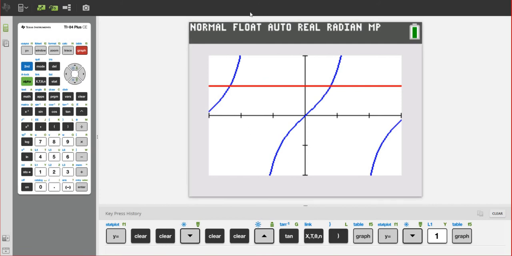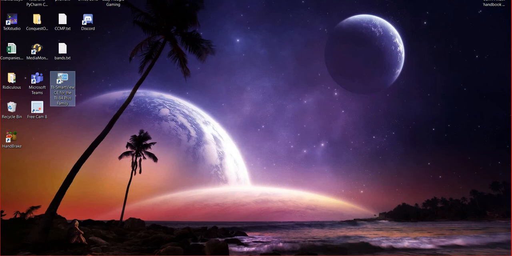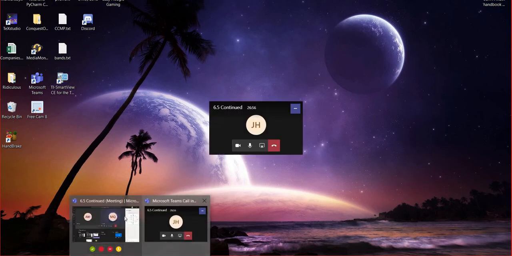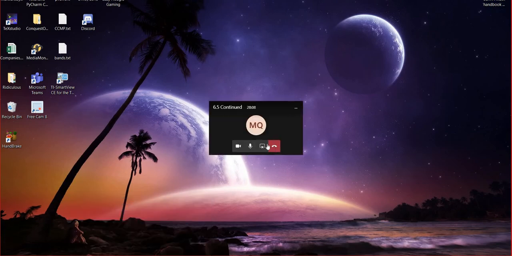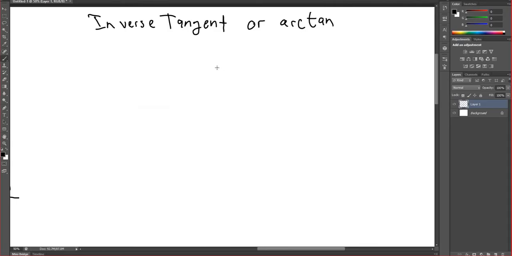So kind of cheating, I'm just going to inform us that our restricted domain is going to be, can we see the whiteboard again? Yes. So our new domain is negative pi over 2 to pi over 2.